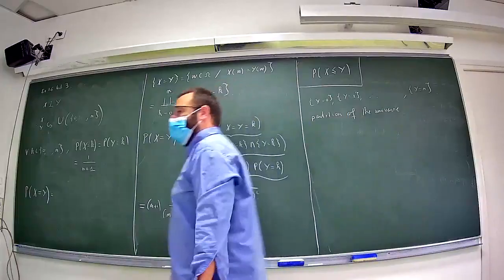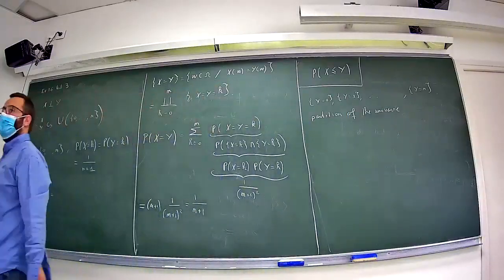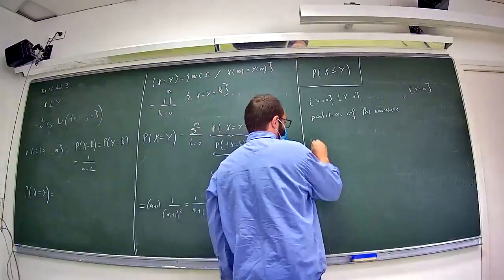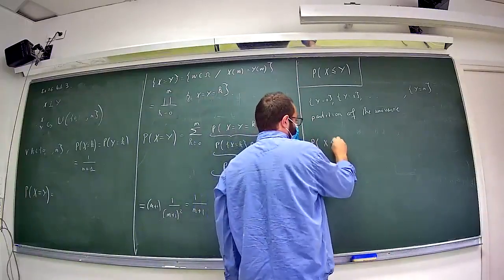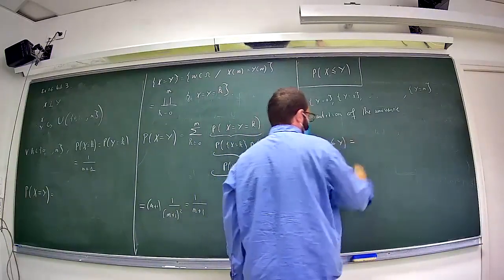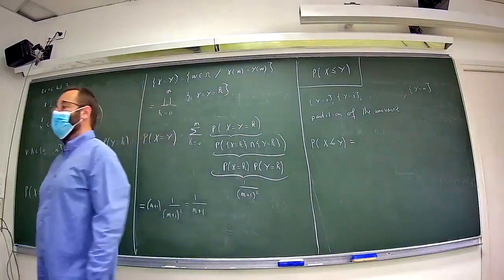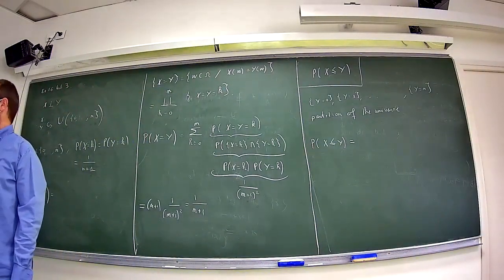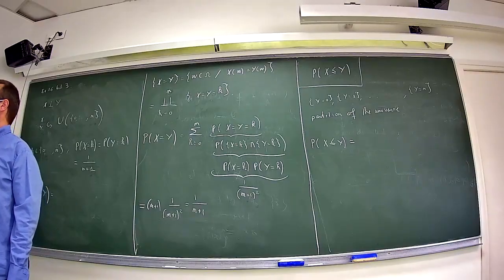And since I have a partition of the universe, I can use the law of total probability, which tells me that the probability that X is less than capital Y may be written in this situation as a finite sum, starting at 1.